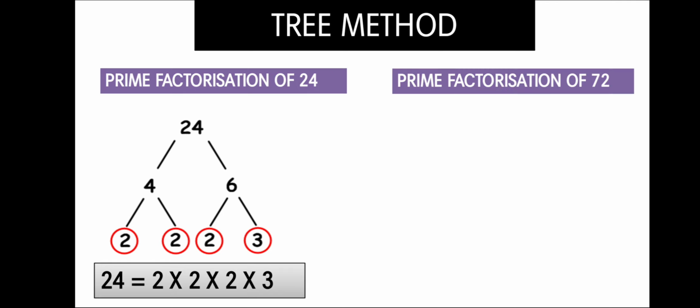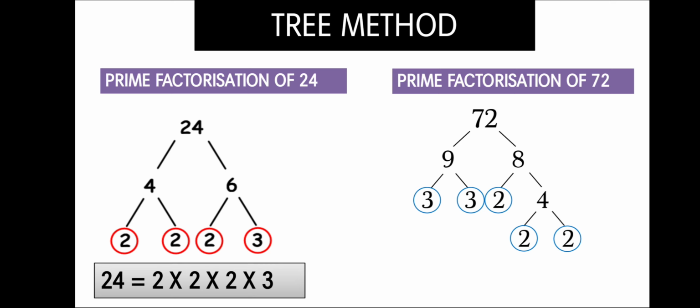Now let's see the same prime factorization of 72. Now 72 can be written as 9 into 8. As I've told, it need not be a prime number. We can take any number at the beginning stage. So 9 8s are 72. Now 9 can be split as 3 times 3 and 8 can be split as 2 times 4. Now 3, 3 and 2 are prime factors, but still we have 4.